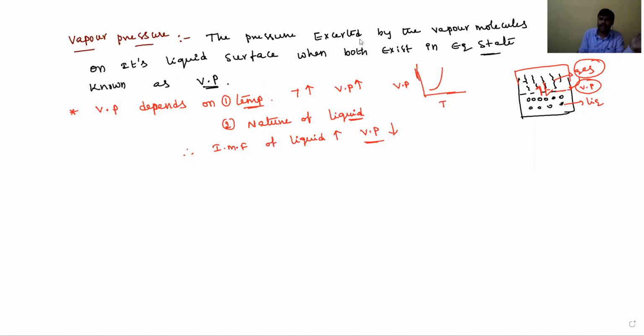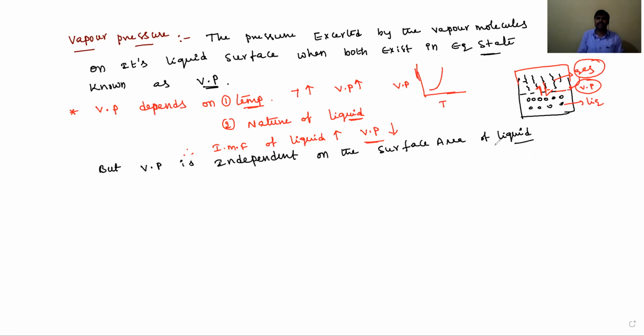But one important point, dear students: vaporization depends on temperature, nature of liquid as well as surface area, but the vapor pressure is independent of the surface area of a liquid.